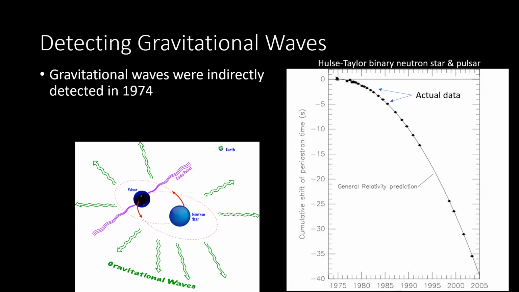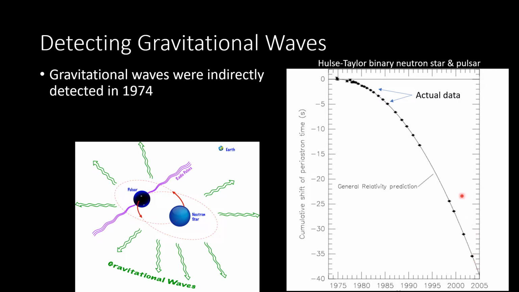So this binary pulsar neutron star system was detected, and what Hulse and Taylor did is they monitored the orbital period over time. And you can see the actual data on the right-hand side. This system was tracked from 1974 in this graph all the way up to 2005.